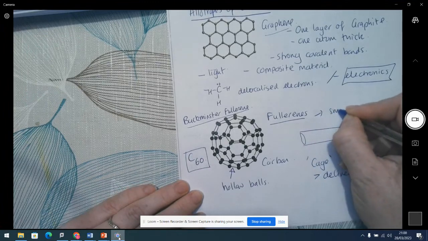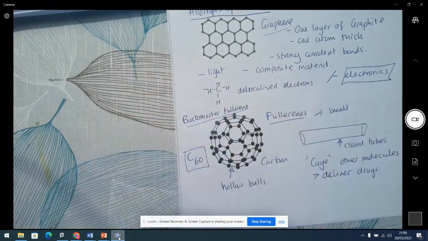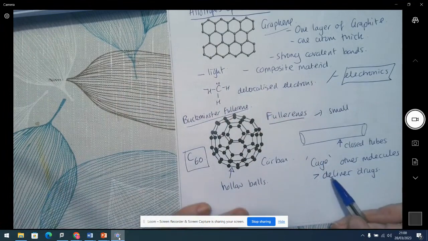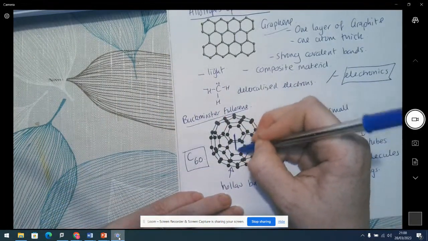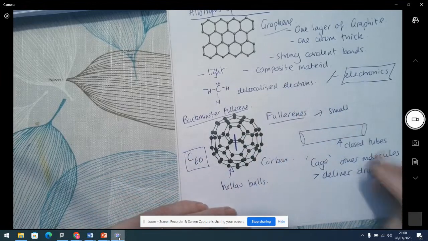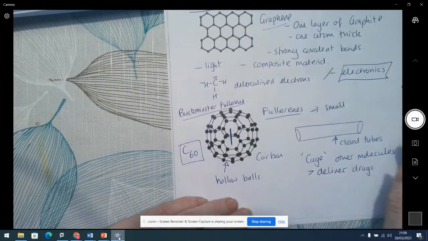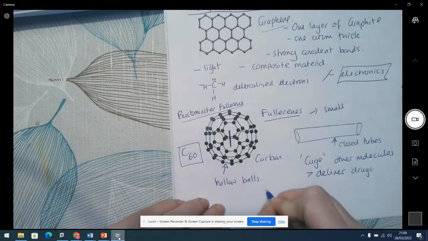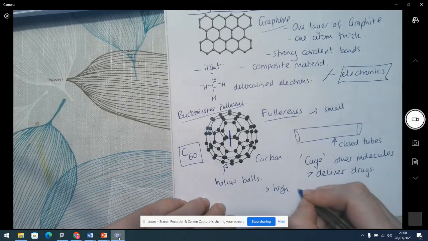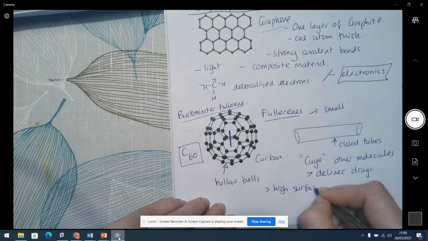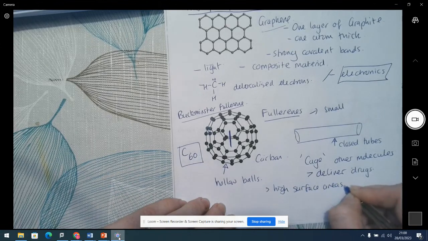So just be aware they're small. They might look big here, but they're actually quite small structures. And because they've got a cage structure, the drug, for example, can fit inside that cage and it can then deliver a drug within the body. They have high surface areas. Okay, so huge surface area.